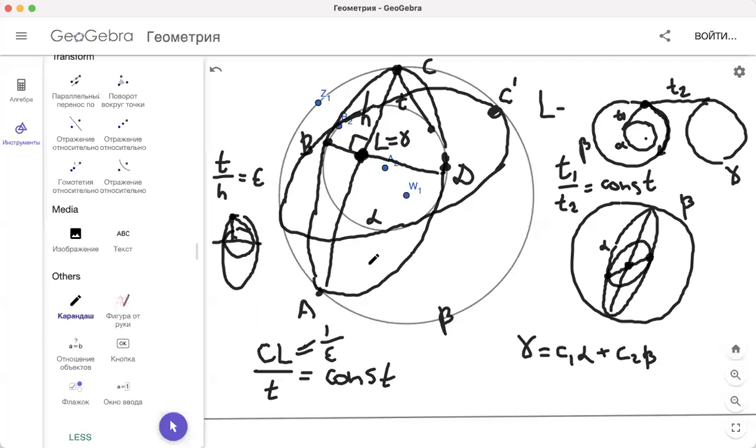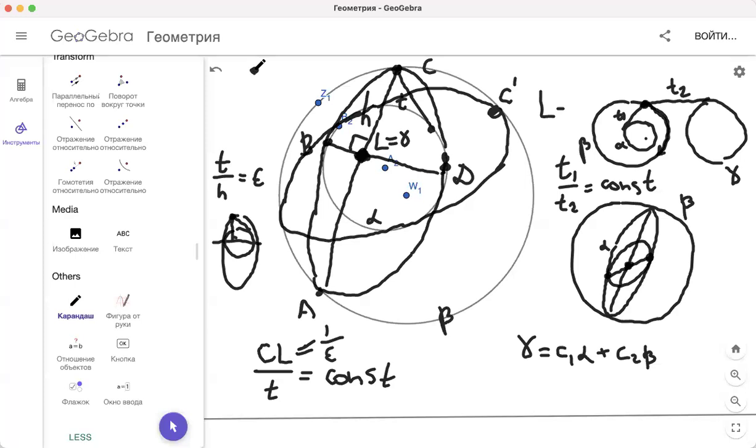So this is a geometrical proof. And in this proof, we use that these tangency points are real. But as I already mentioned, you can consider a second family of these ellipses, such that this intersection point L is another limiting point.